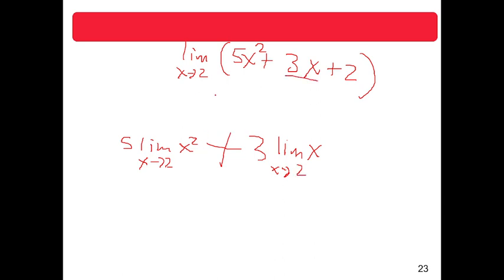Do we still have more? Yes, we still have the value of 2. With that case, we should still have the limit of 2 as x approaches 2.